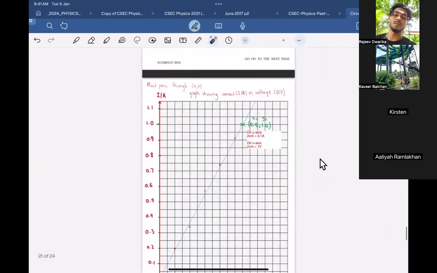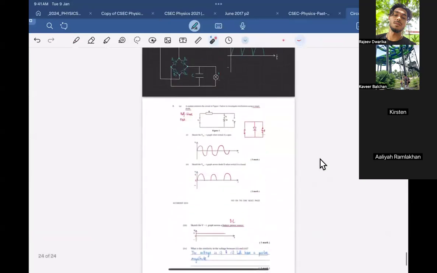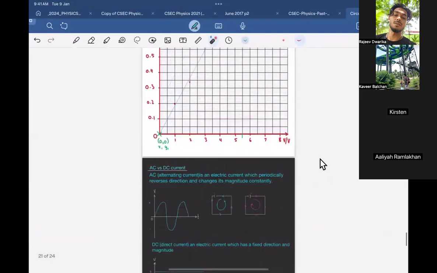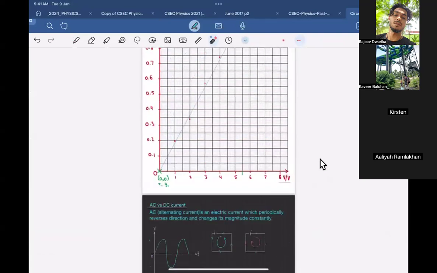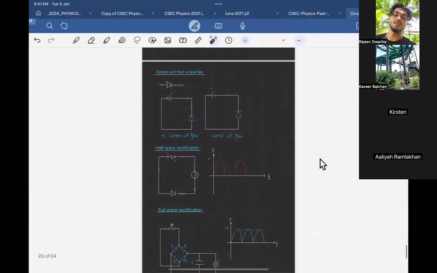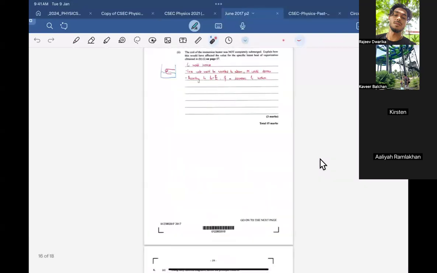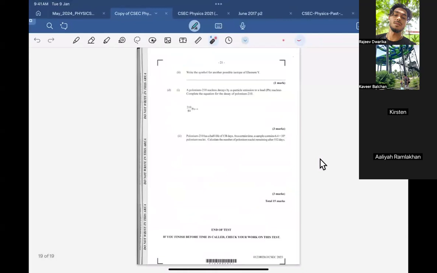We're going to do past papers on that, and we're going to start AC current, AC versus DC, that kind of thing. So, guys, let me see how many past papers we do today. One, two, three, and we'll do about 4 past paper questions. That's okay.